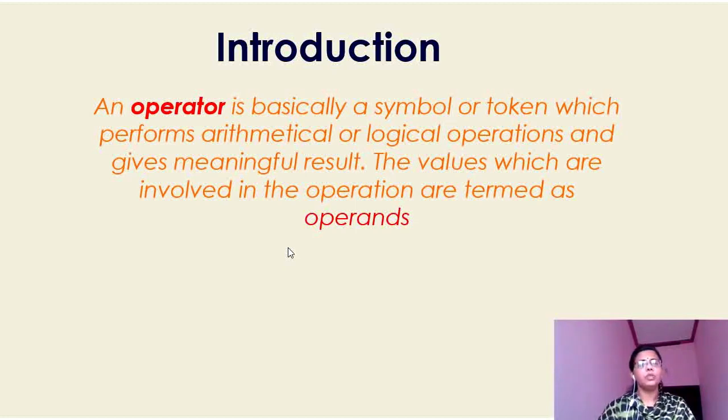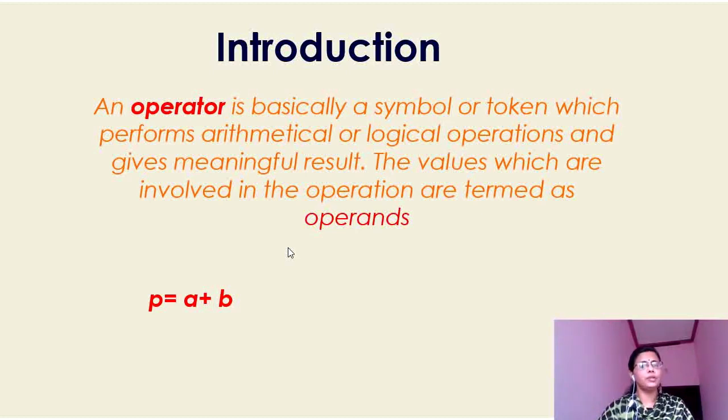1 plus 2 is equivalent to 3 means 3 is the result given out of your operation. The values which are involved in the operations are termed operands. So when I say 1 plus 2 is equivalent to 3, 1 and 2 are the operands. Let us look at an example. P is equivalent to A plus B. There will be some value in A and B, and when you add A and B, you get a result and that is stored in P. So here the operation done is addition.